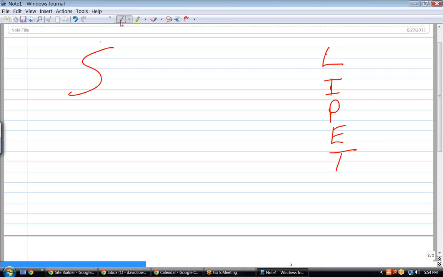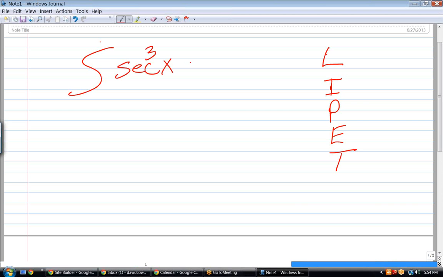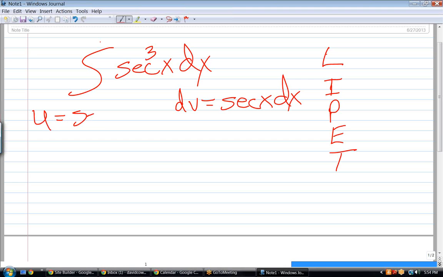There are some functions like secant cubed where it makes more sense to figure out what dv should be. And what dv should be is whatever integrates the easiest. Notice that dv, I would let it equal secant squared x dx, and I would let u be secant.